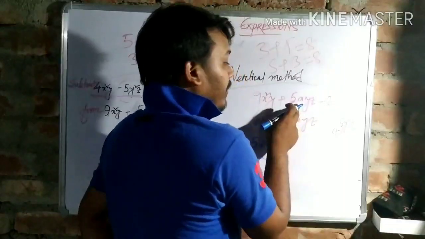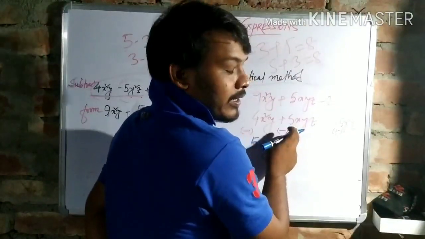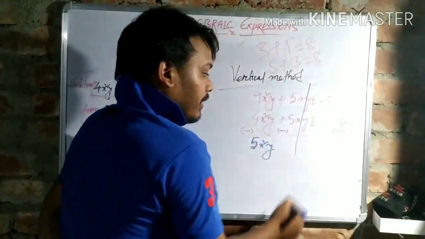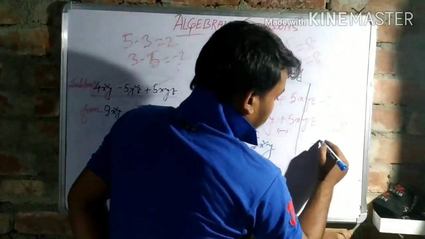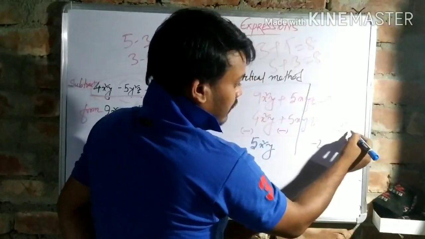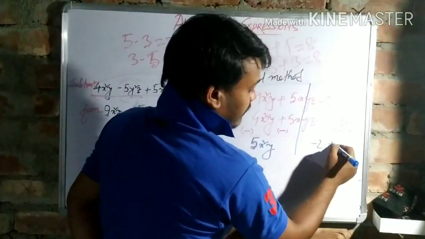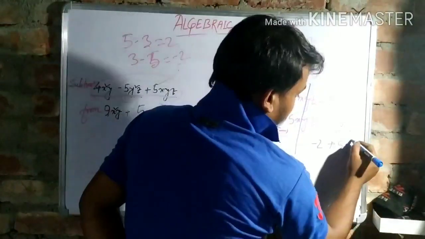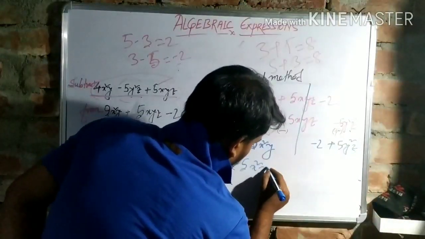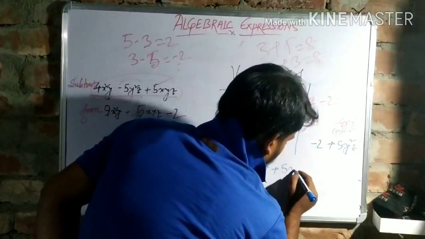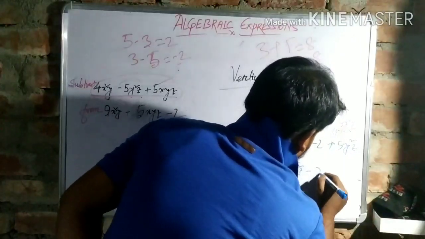Now plus 5xyz minus 5xyz, same value with different sign, will cut. There is no value for minus 2, so it goes down, and the sign of this one is plus, so plus 5y square z. What is the answer? 5x square y plus 5y square z minus 2.